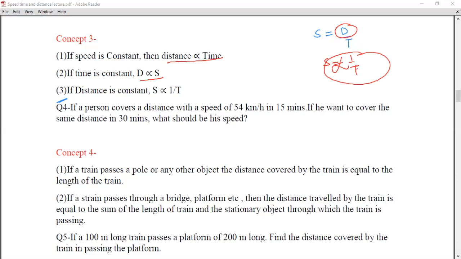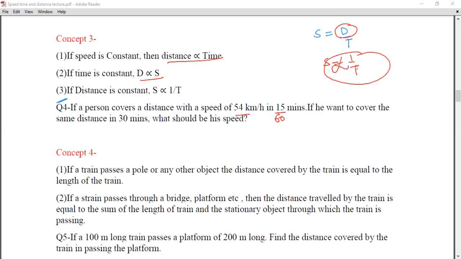On the basis of this, we have a question. If a person covers a distance with a speed of 54 kilometer per hour in 15 minutes, and we want to cover the same distance in 30 minutes, what should be his speed? Very simple question. First of all, we need to change the minutes into hours by dividing by 60.